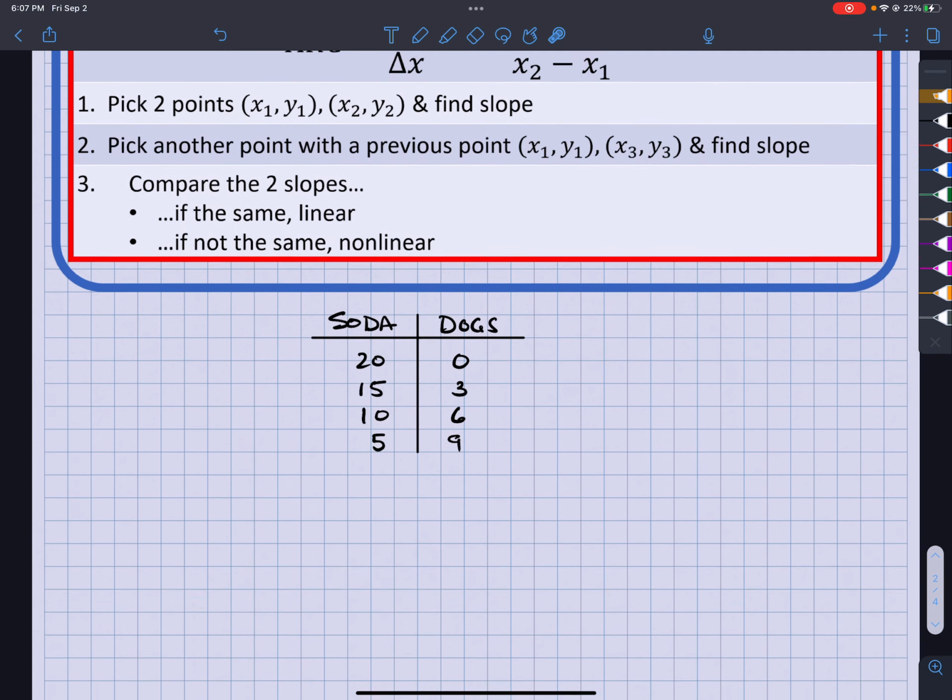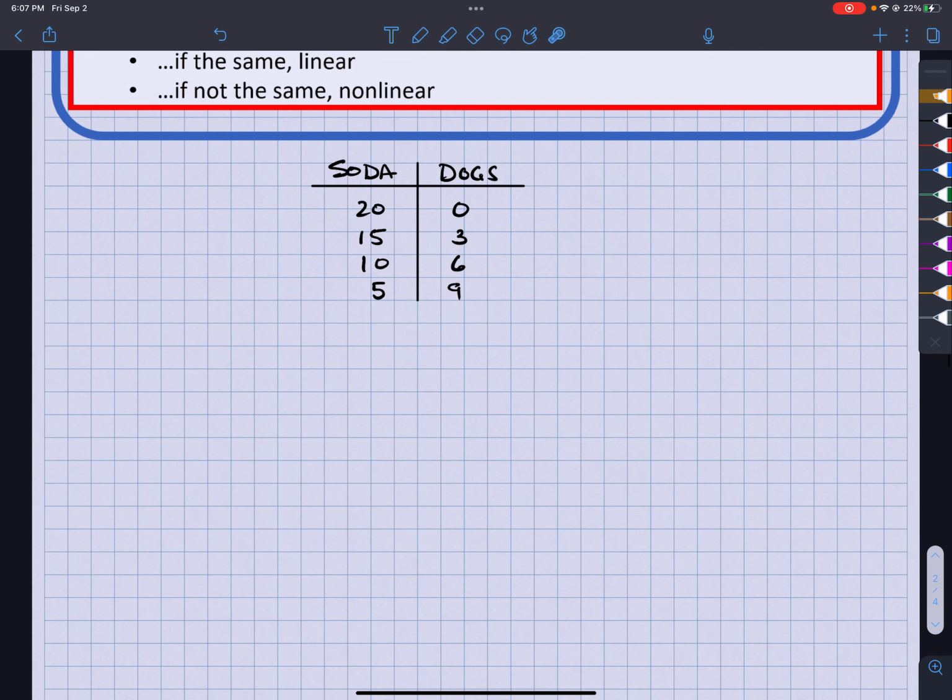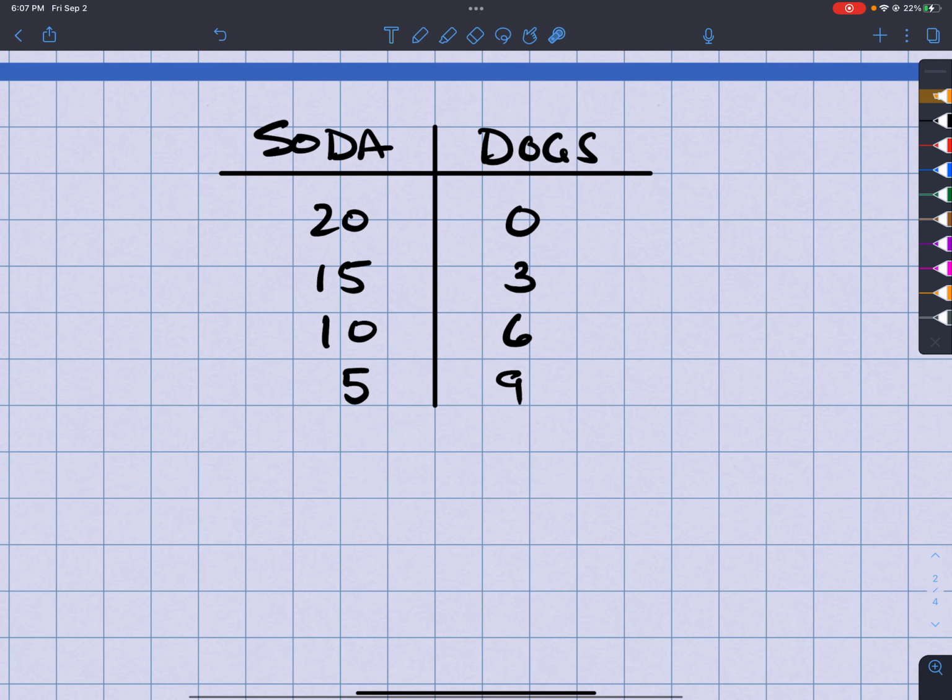So let's take an example of this soda and hot dogs here, right? Now, a couple of ways you can do it. One is that you can see, let me blow this up, that as the soda goes down 5, what happens with the dogs?